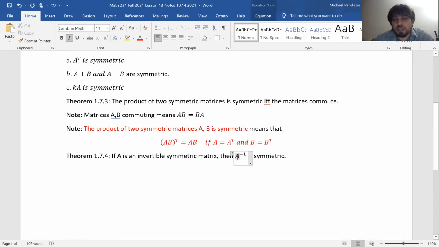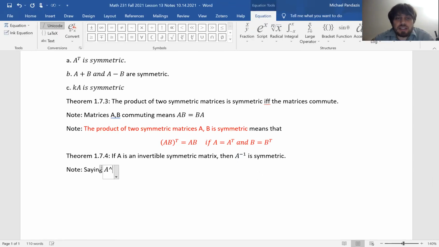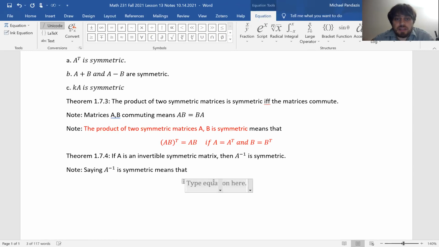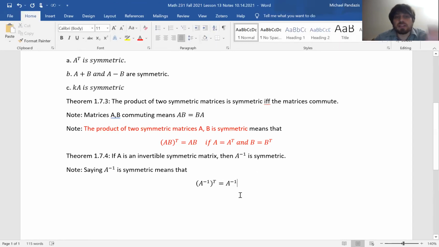A inverse is symmetric is just saying that the transpose of A inverse is equal to A inverse. So saying that A inverse is symmetric means that if you take A inverse and take its transpose, it's equal to itself.